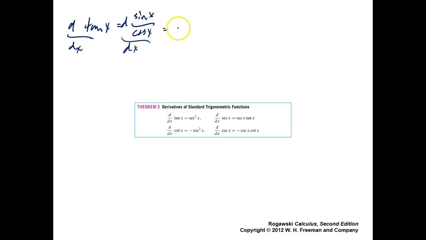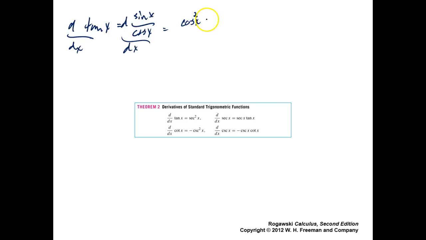Remember what the quotient rule is? How does it start? You start low. Yeah, okay, low d high, high. Low is cosine x. Low d high: the derivative of sine x is cosine x again, so that's cosine squared x.